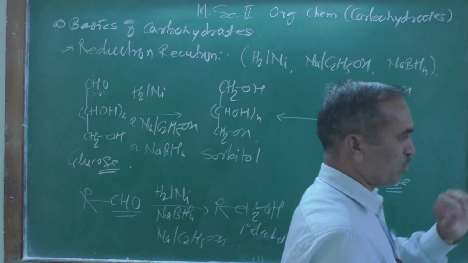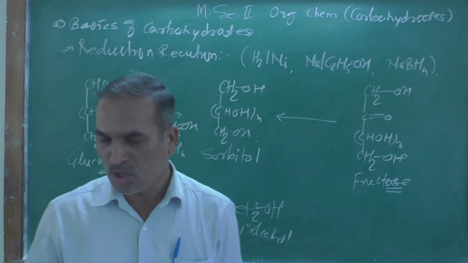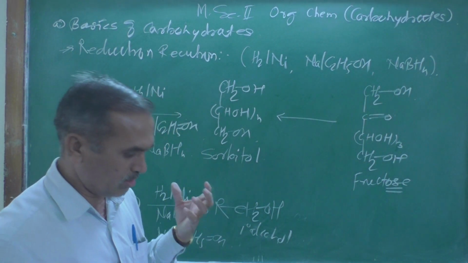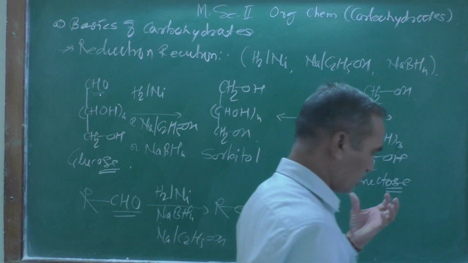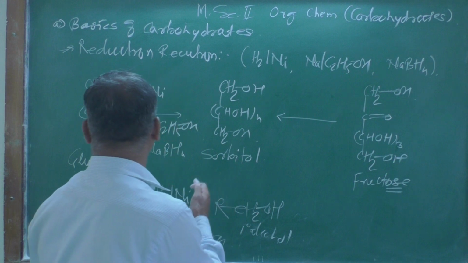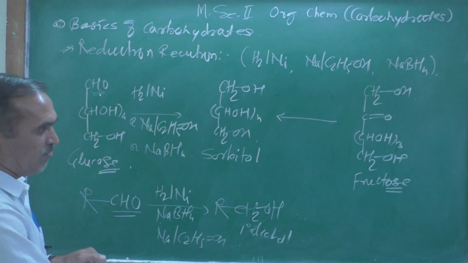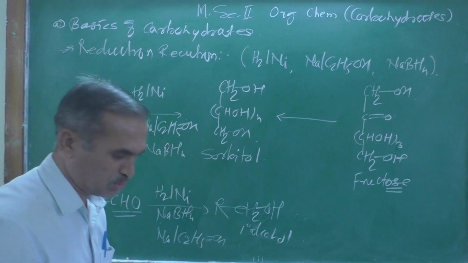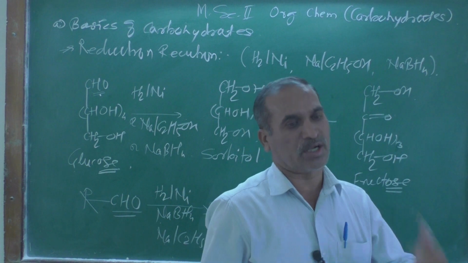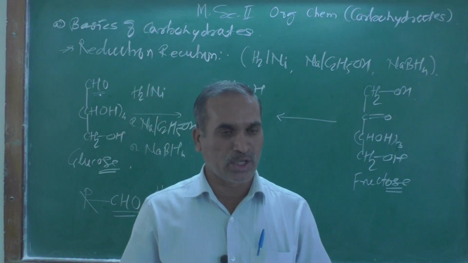When that sucrose is treated with ethanol, a mixture of glucose and fructose is formed, and they are separated by adding ethanol during cooling.